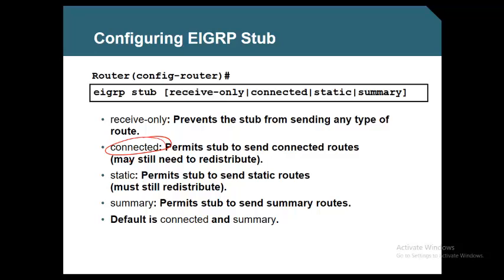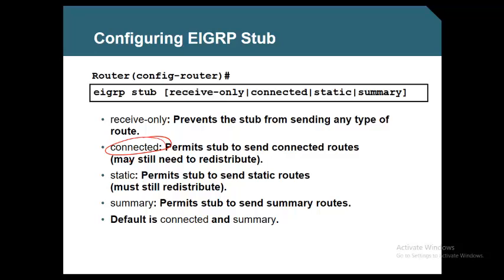Whatever is connected, it will take responsibility. For other networks learned in the routing table from other neighbors, it won't take responsibility. So when you configure a spoke router as a stub, it will say, hey, these are the networks connected to me. You can ask about this. Other things don't ask me.